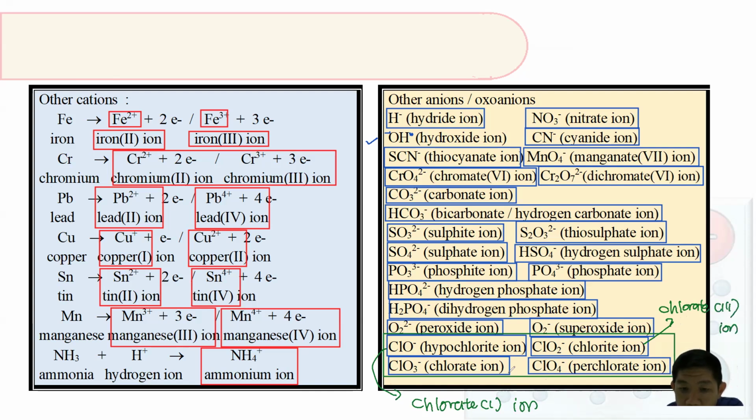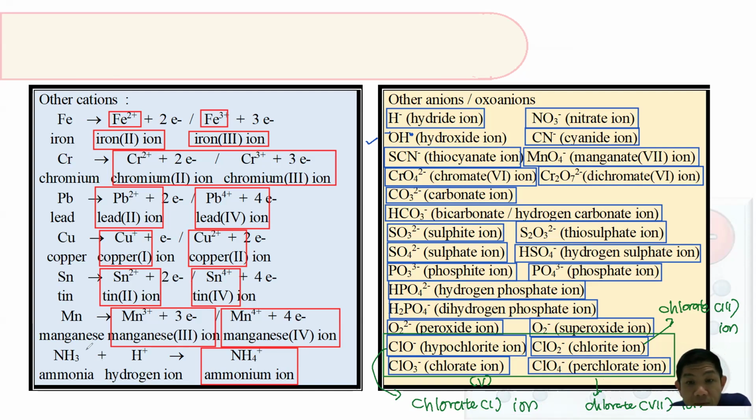Then chlorate ion has oxidation state 5, so it is chlorate 5, and perchlorate ion is also known as chlorate 7 ion. So this is sometimes how they are named using oxidation states. As STPM students, you should be able to remember some of these basic oxo anions.